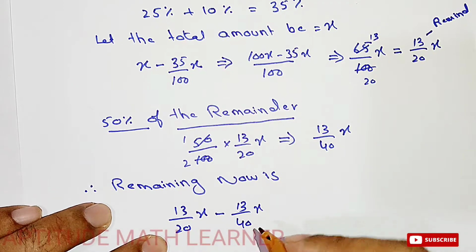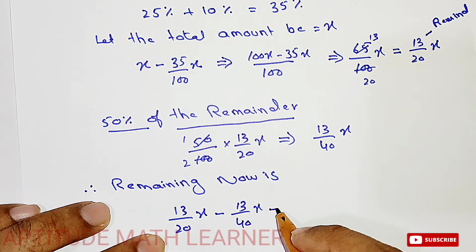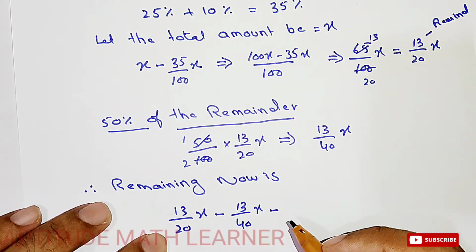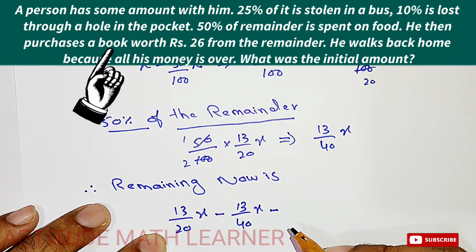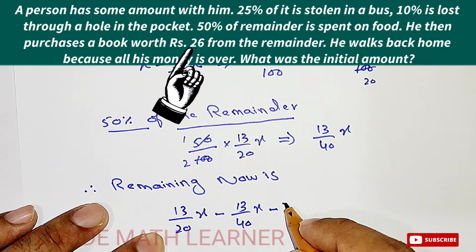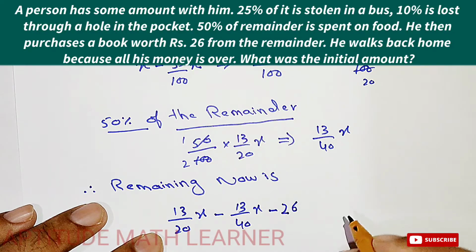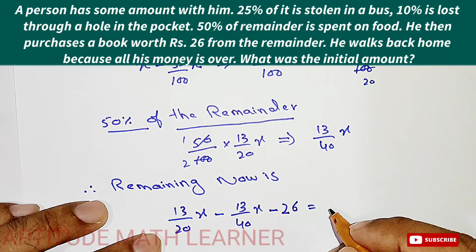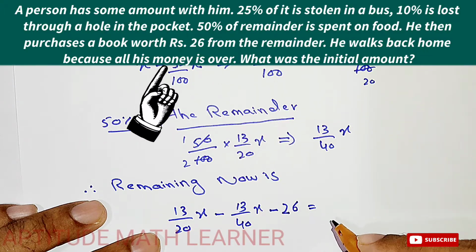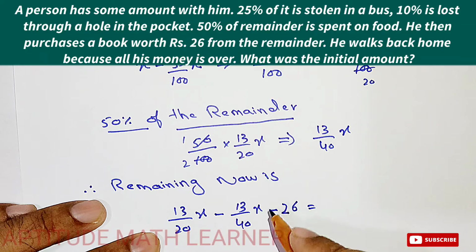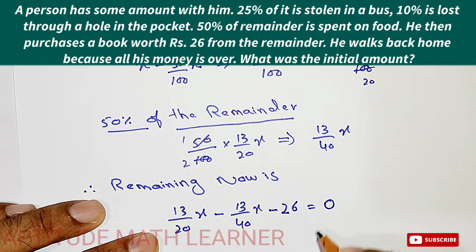After taking out the 50% from the remainder, in the question it says that he then purchased a book worth rupees 26. So we also take out 26 from this, and he walked back home because all of his money is over, so the amount left is 0.